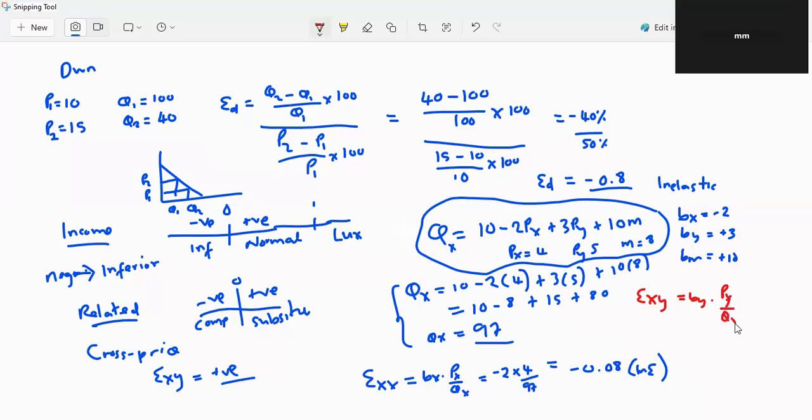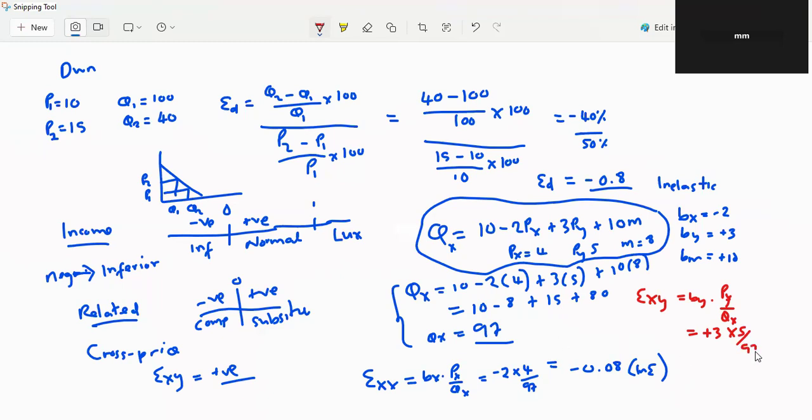What was the gradient for good Y? +3. What was the price for good Y? When given here, the price for good Y is 5. So we put 5 there. Then what was the quantity? 97.